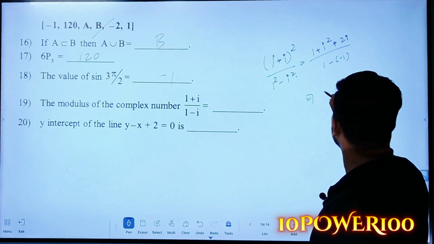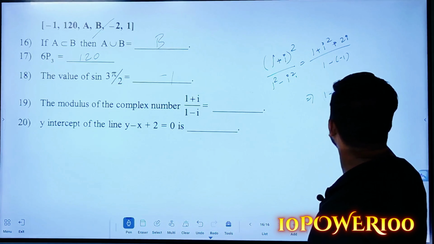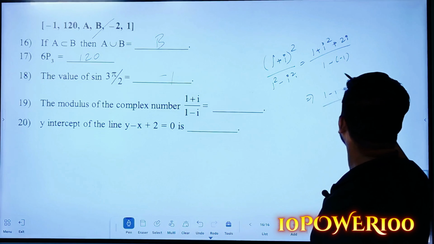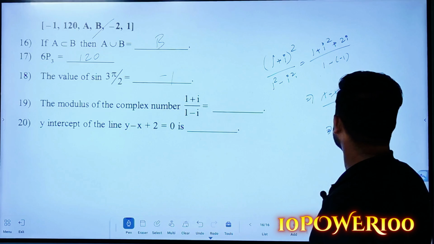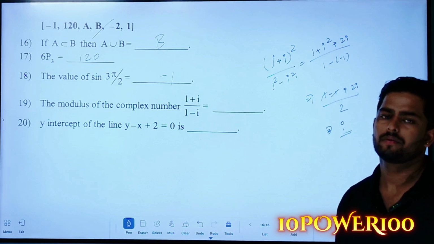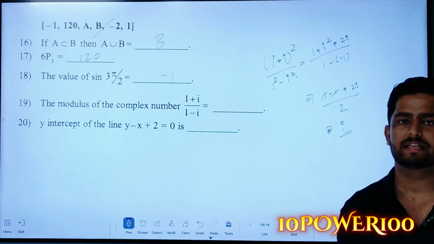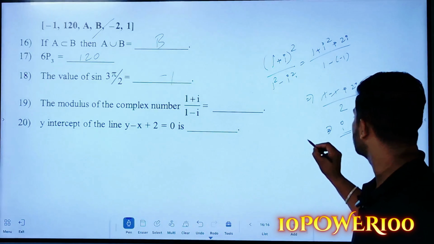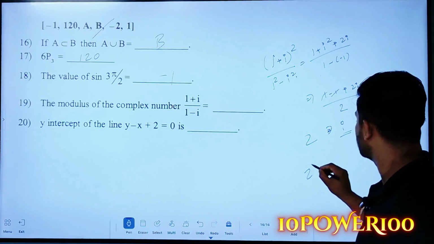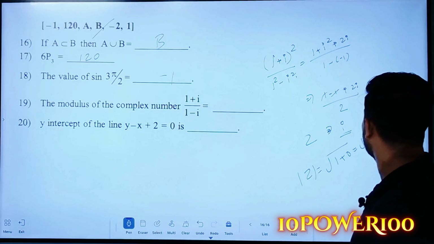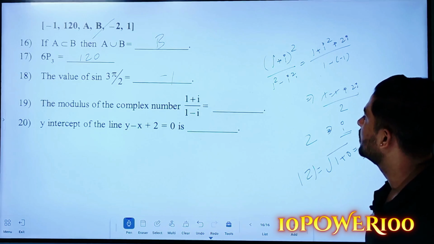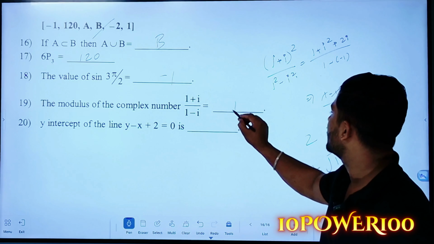So 1 minus 1 plus 2i divided by 2. This and this cancel, so you get i. If you convert everything into a plus ib format, you will get i. Now z is equal to i. So mod z is equal to square root of 1 plus 0. So the answer is 1. Yeah, so 1 is the answer.